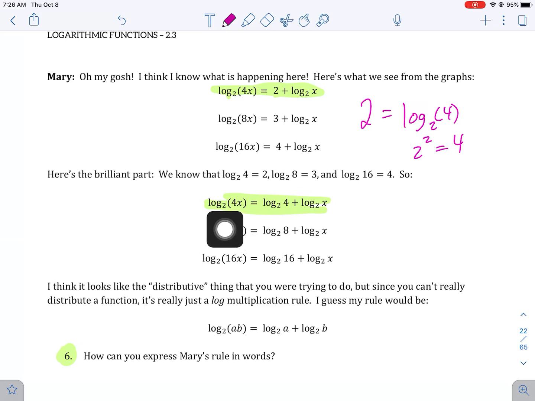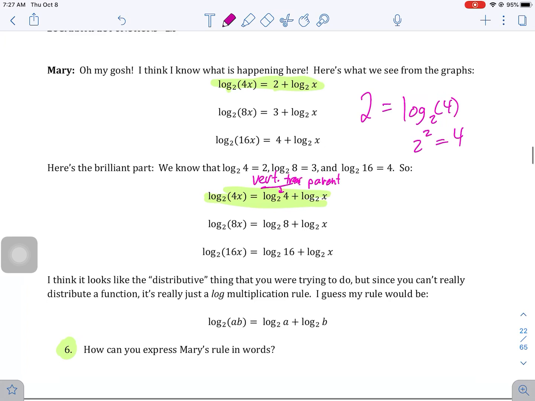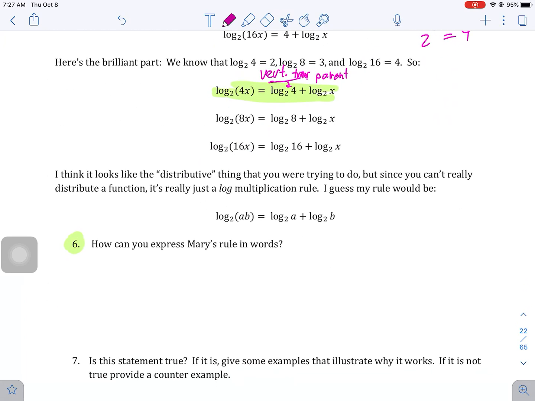So therefore, log base 2 of 4x is log base 2 of 4 plus the original parent function, log base 2 of x. So this is the parent, and this is the vertical translation right here.